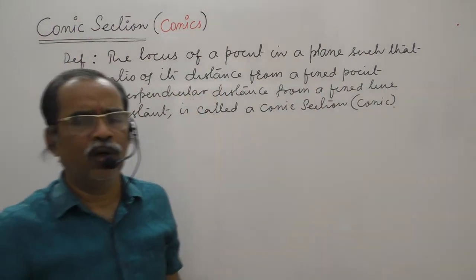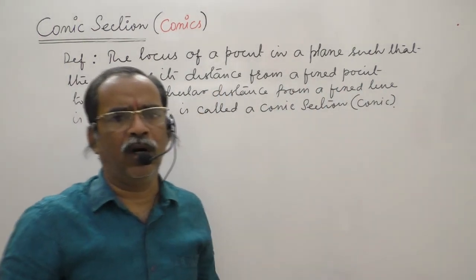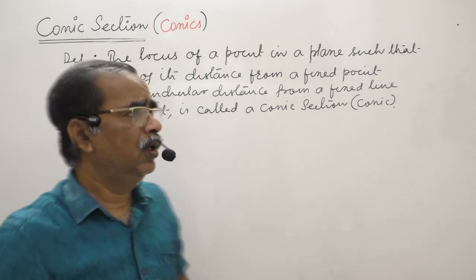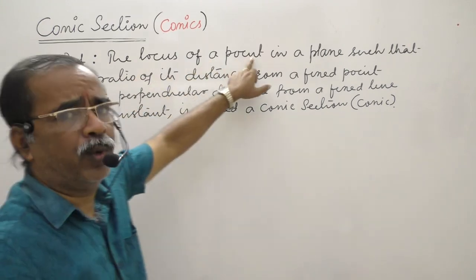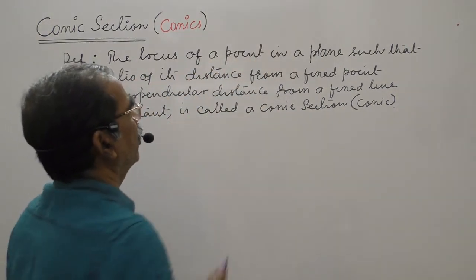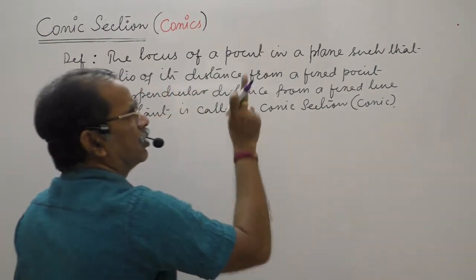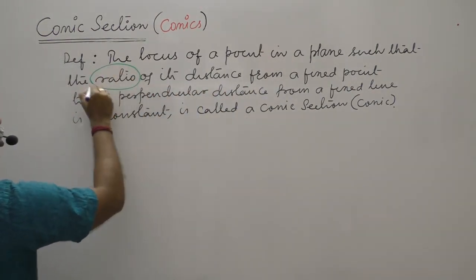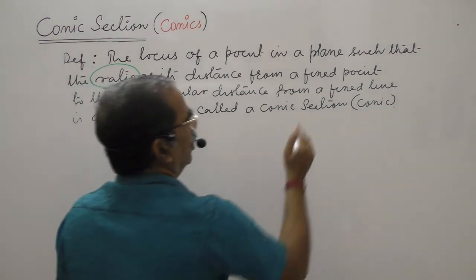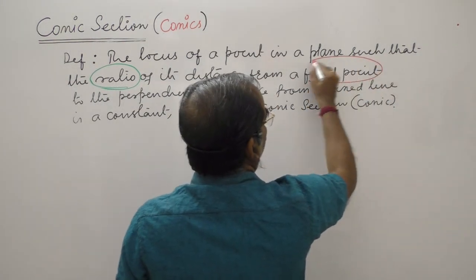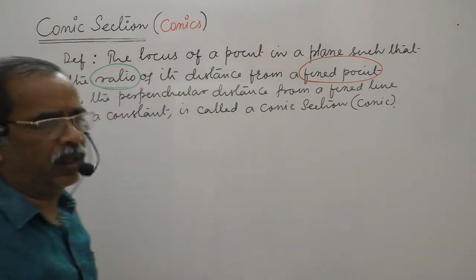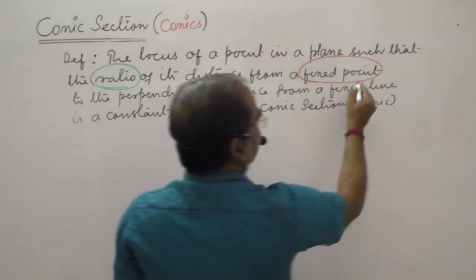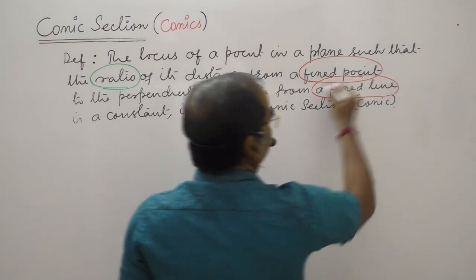Very simple. What is the definition of a conic section or simply a conic? Since it is a curve, it is the locus of a point in a plane such that the ratio of its distance from a fixed point to the perpendicular distance from a fixed line.